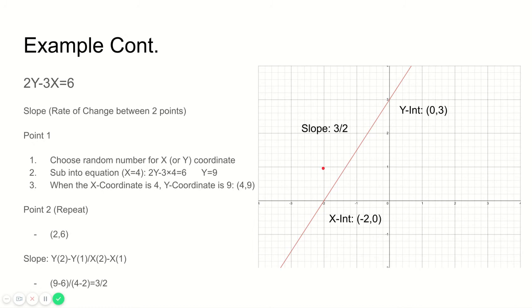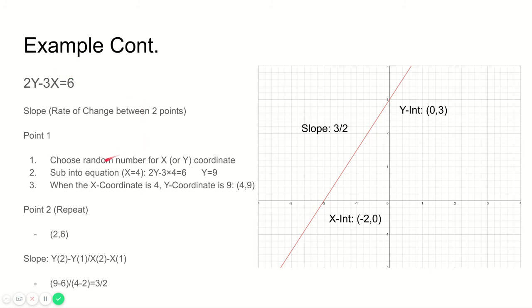And lastly, we're going to be talking about the slope of this example. And as I said before, it's going to be the rate of change between 2 points. However, how do you find these 2 points when you're just given this equation? Firstly, because you're just finding any 2 points, you can just choose a random number for x or y.